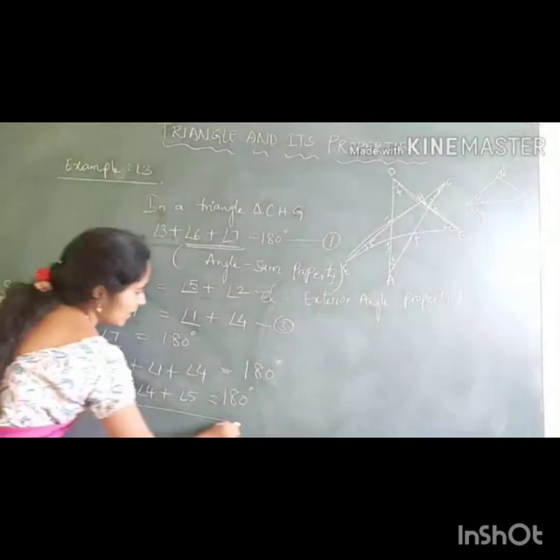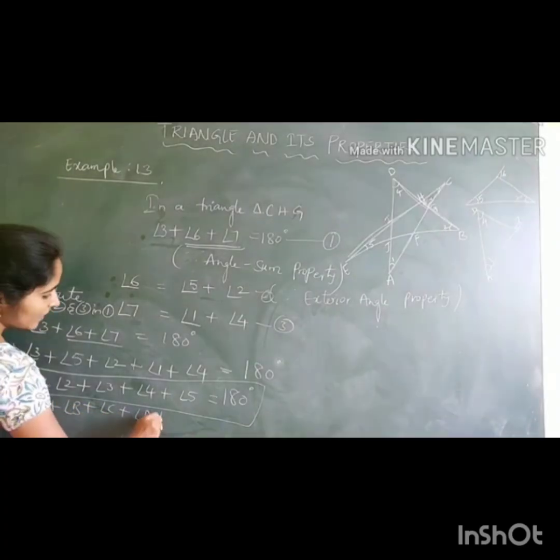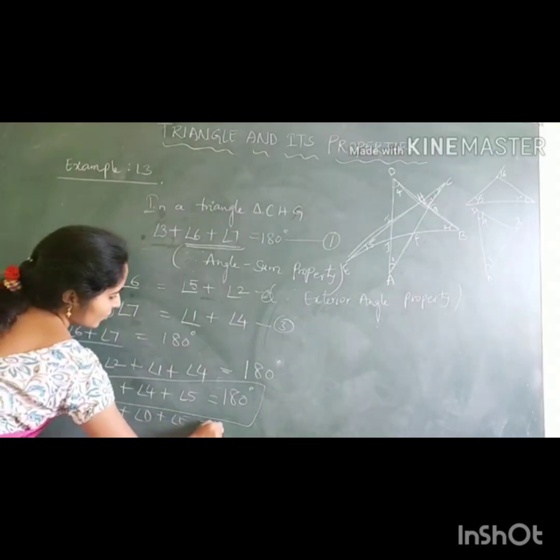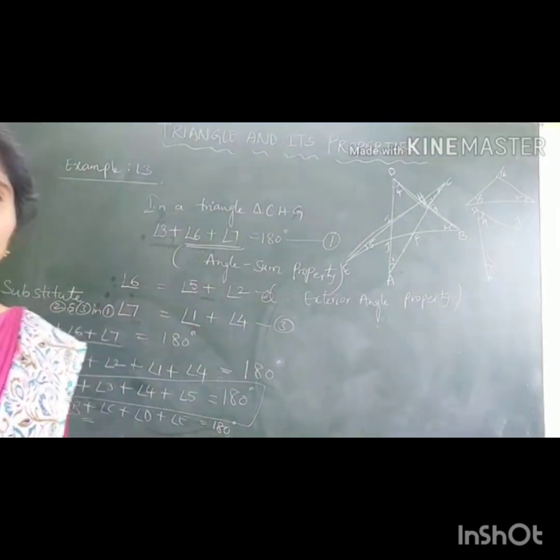This is what we should find: angle A plus angle B plus angle C plus angle D plus angle E is equal to 180 degrees. Understood children? This is example 13. Write in your CW.